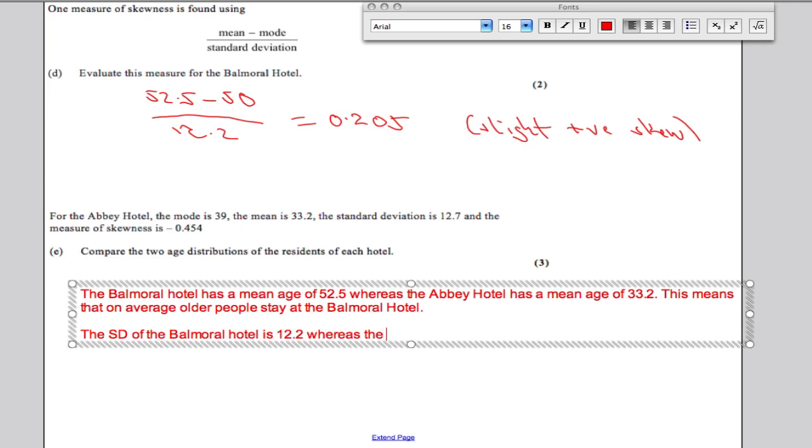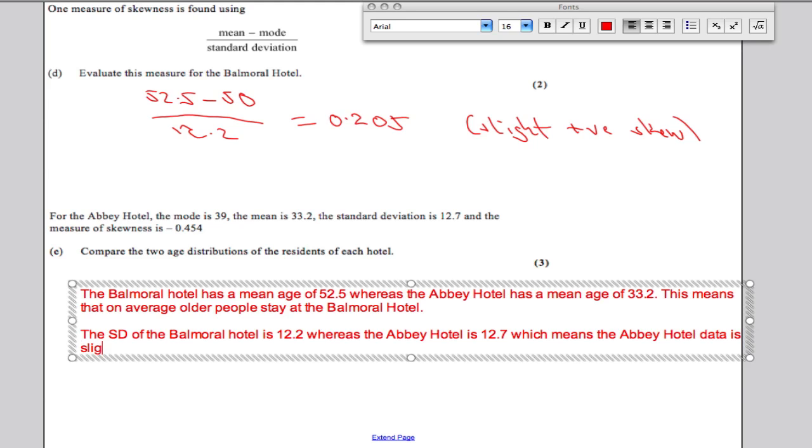whereas the Abbey Hotel is 12.7, which means the Abbey Hotel data is slightly more varied.